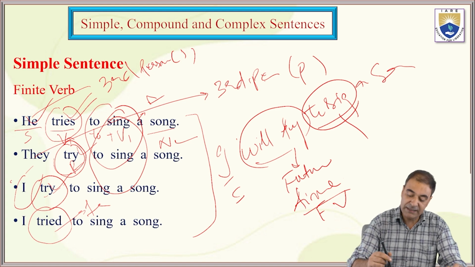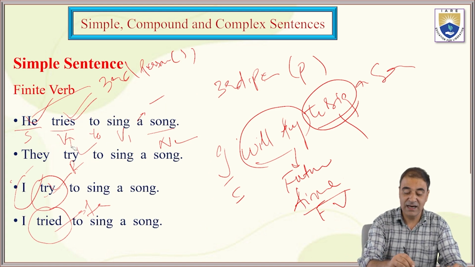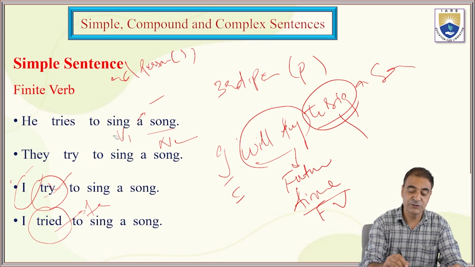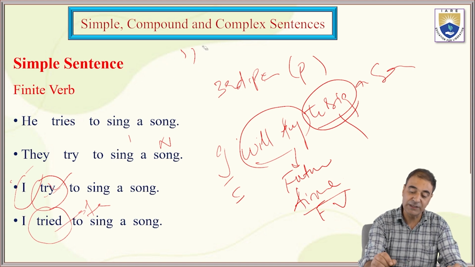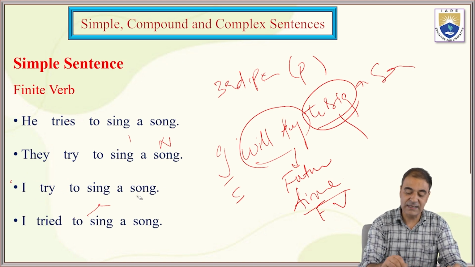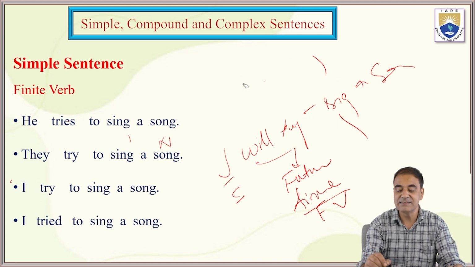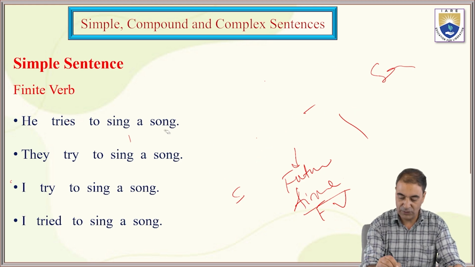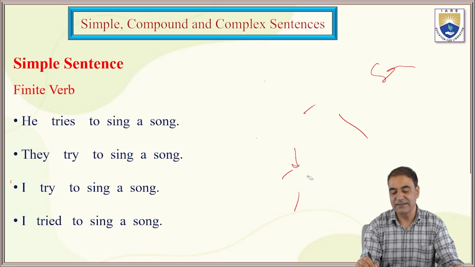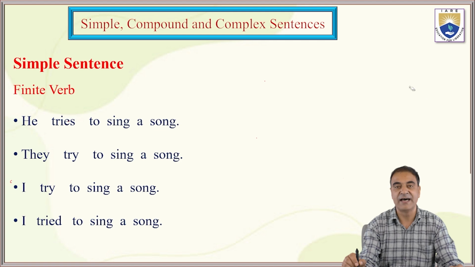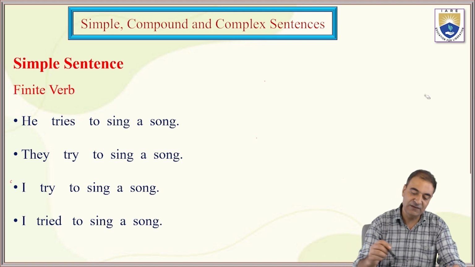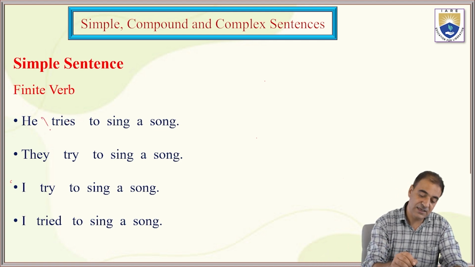And our main concern is the simple sentence. Now, to be exact, we can say that all these sentences are simple sentences because all these sentences carry one finite verb, and that one finite verb is tries.